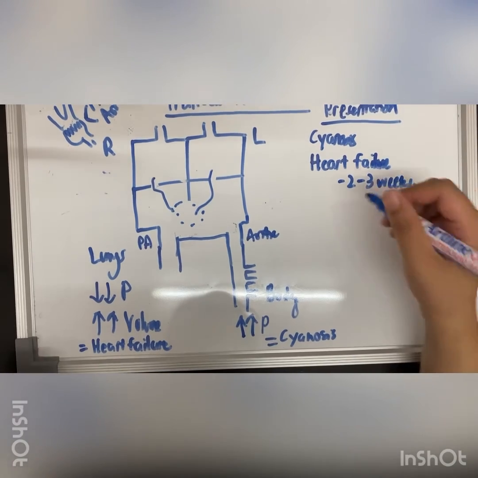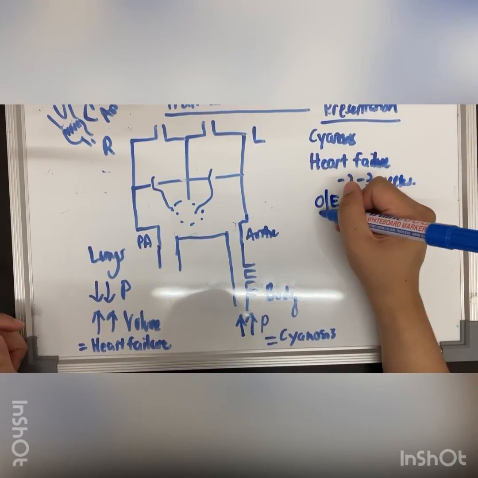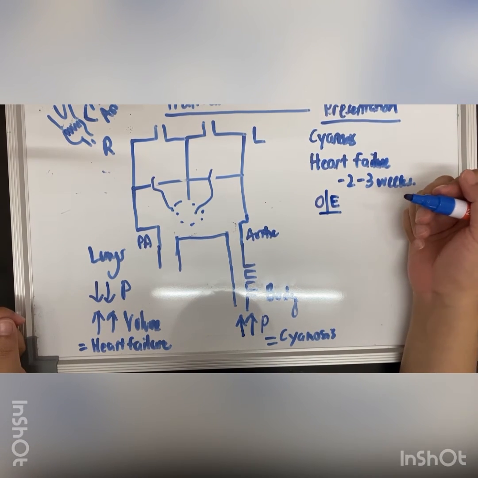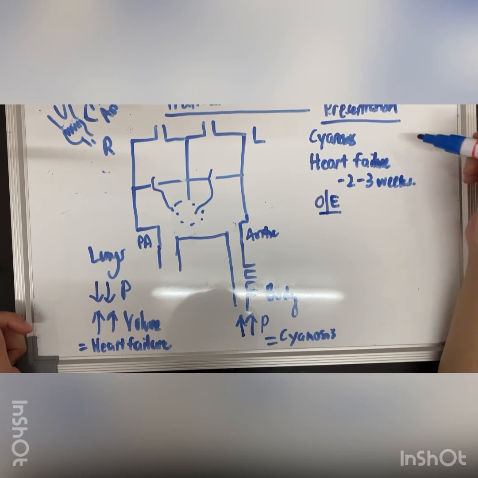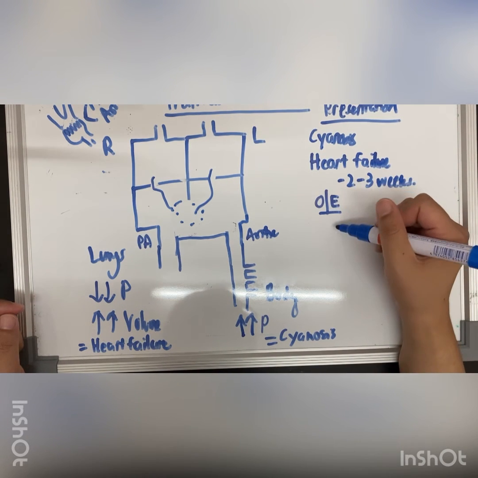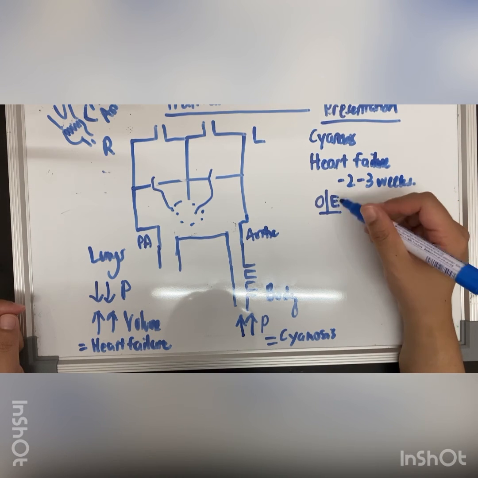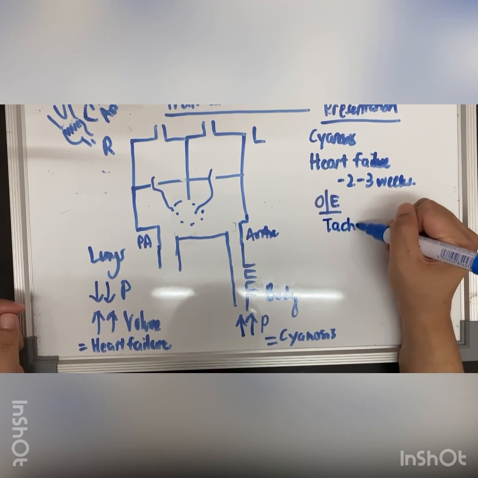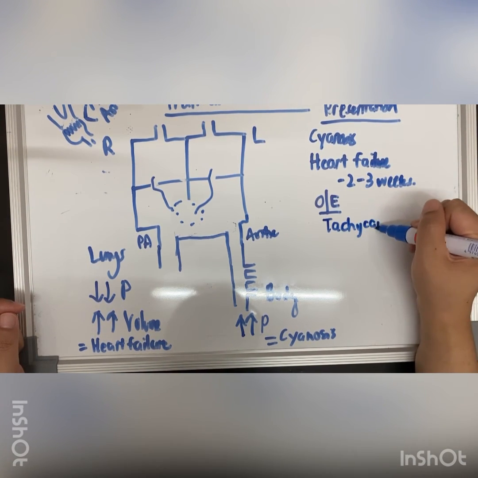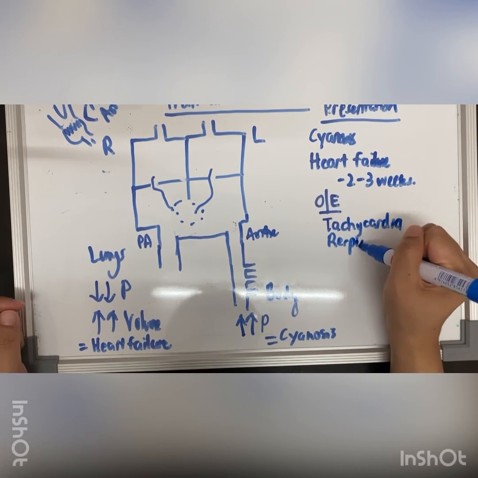So on examination, what will you find in this patient? First, you look for, of course, cyanosis and the signs of heart failure. For example, from the general examination, such as tachycardia and the effort of breathing, whether in respiratory distress.